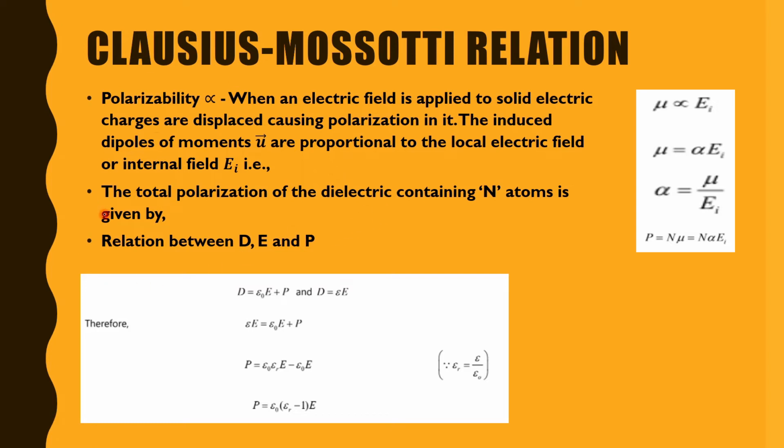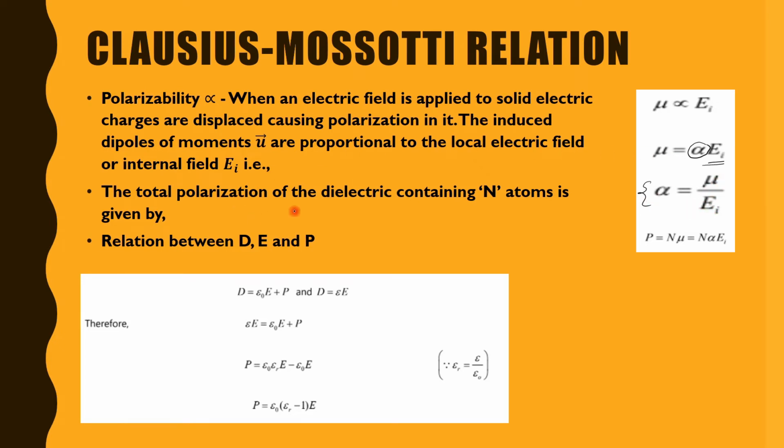The induced dipole moment mu is proportional to the local electric field, E i. So mu is proportional to E i, and polarizability is this constant, alpha. Taking E i, the internal field, to the other side, alpha is equal to mu by E i.